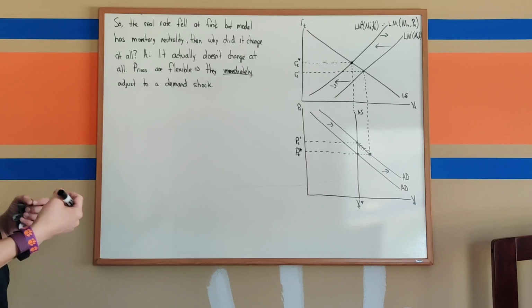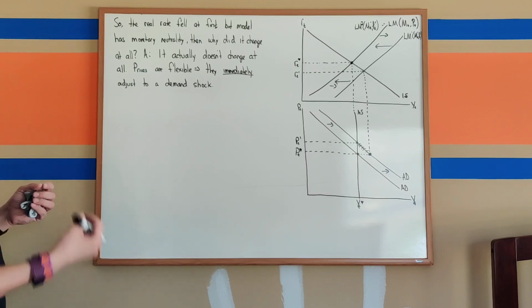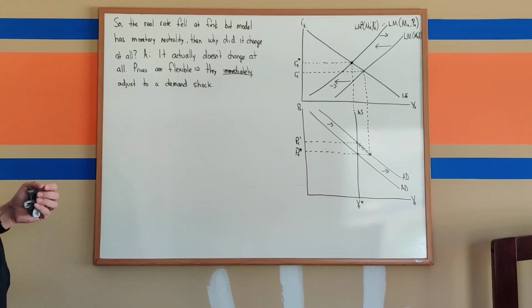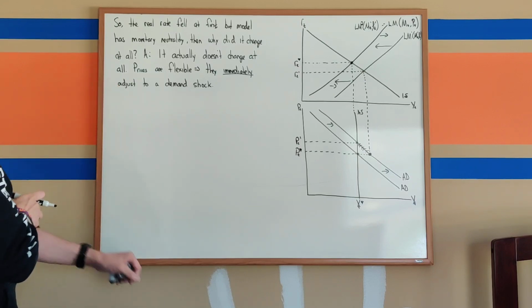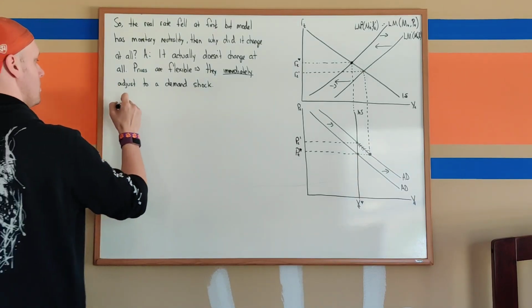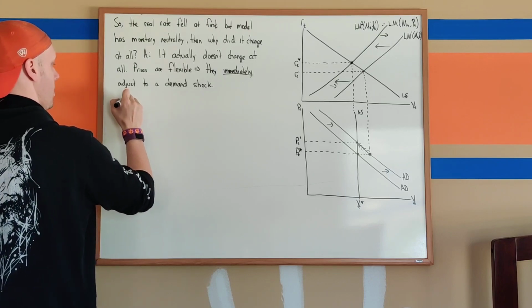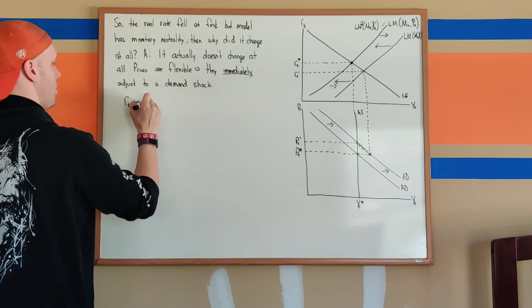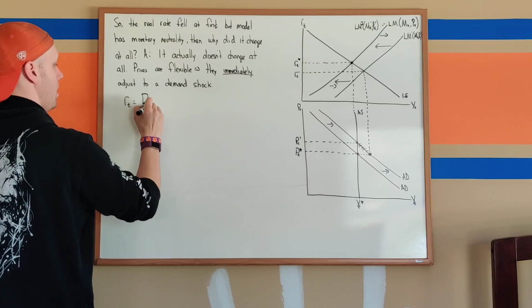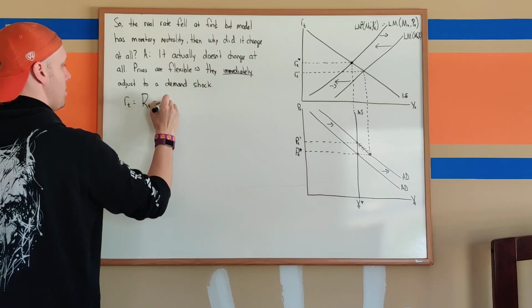So what's actually going on is that the real interest rate is trying to fall, but because prices immediately pick up for that, it just goes right back up. So remember that the real interest rate is equal to the nominal interest rate minus the rate of inflation.